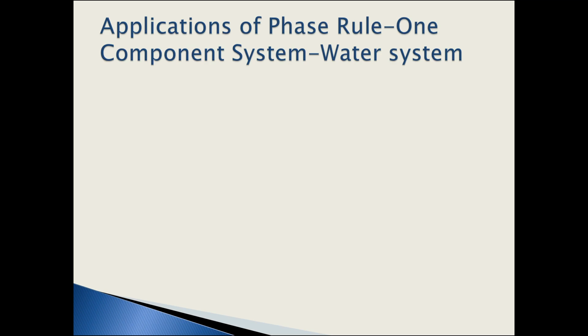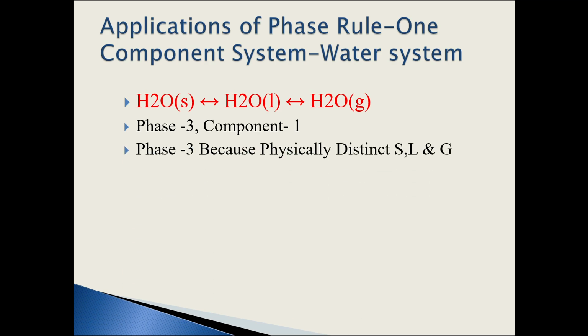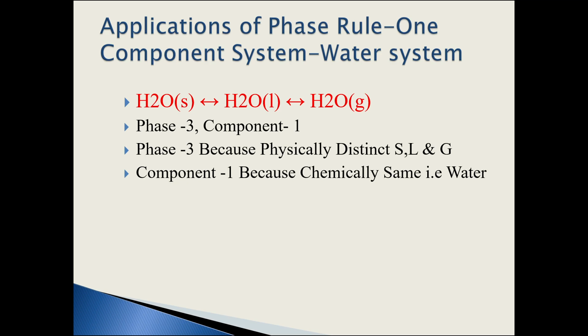Now we are going to see phase rule applied to the one component water system. Here the water exists in three forms, that is solid, liquid and gas. Here the number of phases is 3 and the number of components is 1, because the component is chemically the same, with the same molecular formula H2O, but the phases are solid, liquid and gas.